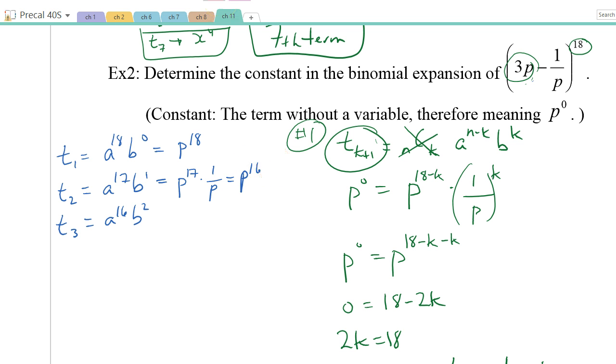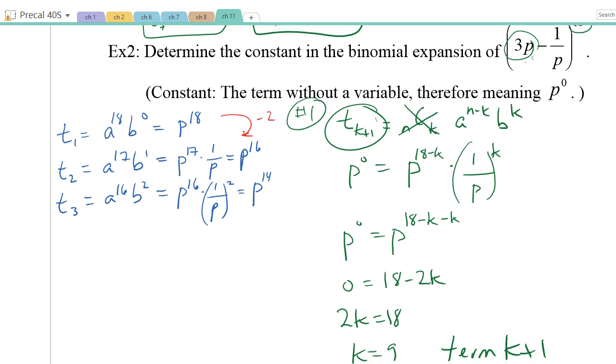So it looks to me like I'm getting a drop of minus 2 each time. Let's just see if that continues. Let's do one more to make sure. So here I'll have p to the 16th multiplied by 1 over p squared is equal to p to the 14th. So yeah, it seems to continue. And we want to know when will it be equal to p to the 0.